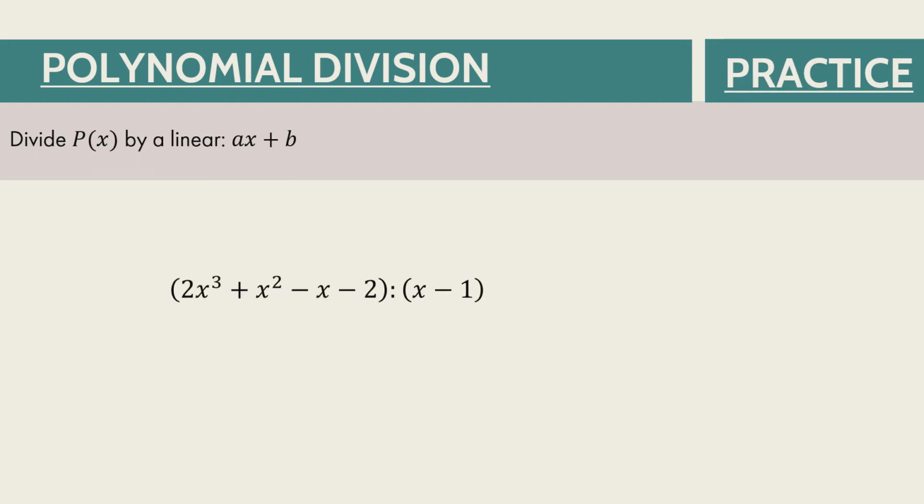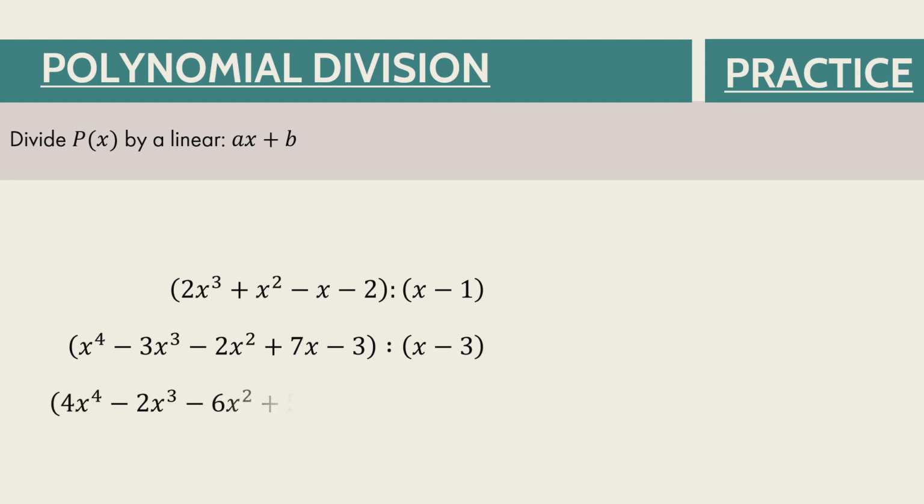Now let's have some practice. Let's try to divide this, this, and this. Pause the video and come back when you have all the answers. Have you got them? Now let's see the answers. The quotient of the first division is 2x squared plus 3x plus 2.